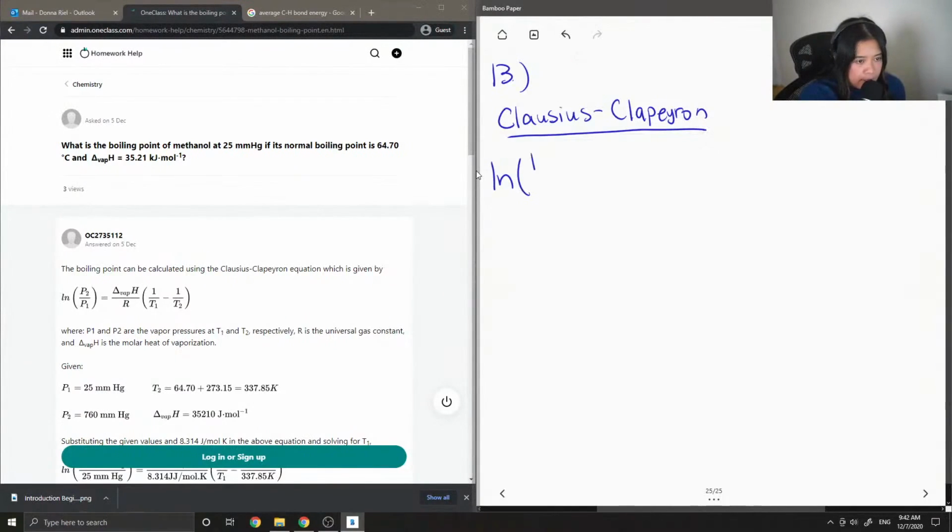Which states that the ln of your final pressure over your initial pressure is equal to delta H vap divided by R times 1 over T1 minus 1 over T2.